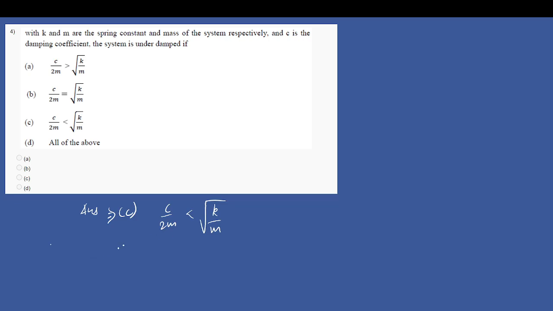Usually it happens in the case when your C is less than C critical.